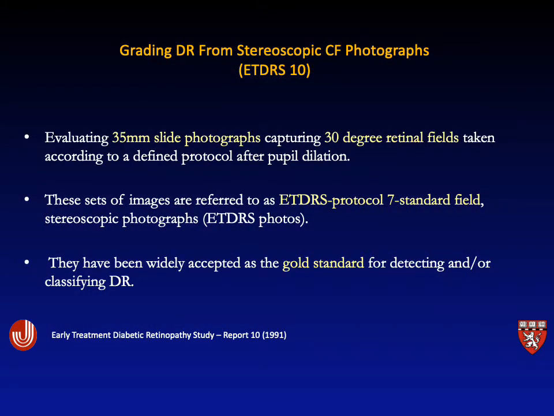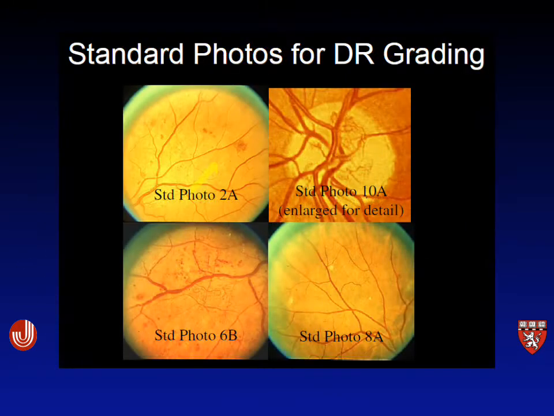The classification system relied on 7 fields, each of them 30 degrees with some overlap between the fields, and each field was graded for severity of diabetic lesions. And this has long been considered the gold standard, even to this very day, in diagnosing and grading diabetic retinopathy, not just in clinical practice, but also in clinical trials and research projects.